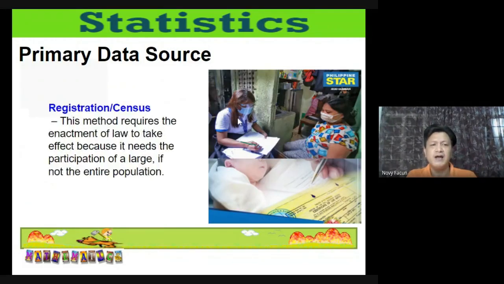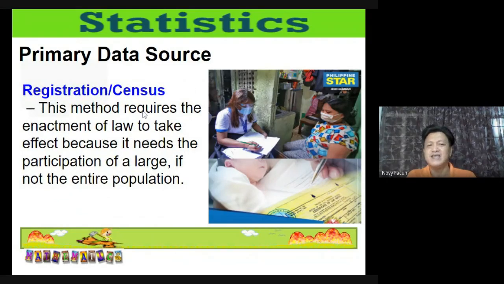And we also have this. So ito naman ay registration or we call this census. This method requires the enactment of law to take effect because it needs the participation of large if not the entire population. So ito yung ina-apply natin kapag malaki na yung population natin or yung sample natin na kukuhanin natin na data. So pwede tayong mag-house to house dyan, yun yung ina-apply yung census dyan. Kukuhanan ka ng data mo, yung mga personal information.